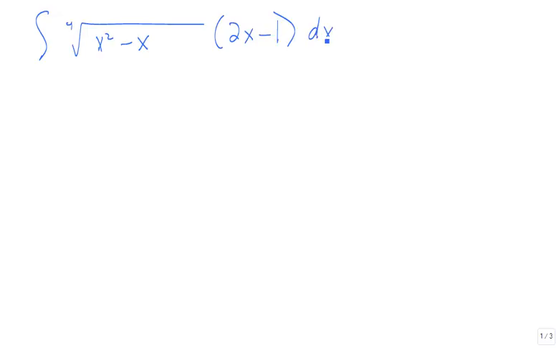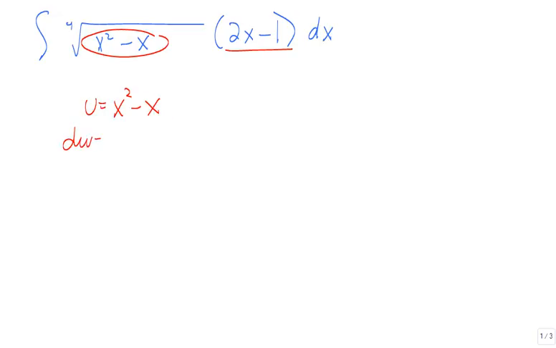Okay, let's try another one. Or I pick u to be the power inside the function, or the expression inside another function. Okay, so this is an x squared and this is an x, so let's let u be inside the root.